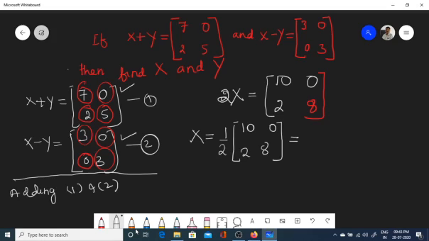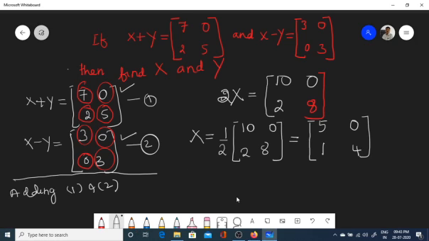So 10 into 1 by 2 will become 5, and 0 by 2 is 0. Dividing all the elements by 2, because this is 1 by 2. So 1 and 4. So we are getting X is 5 0 1 4.